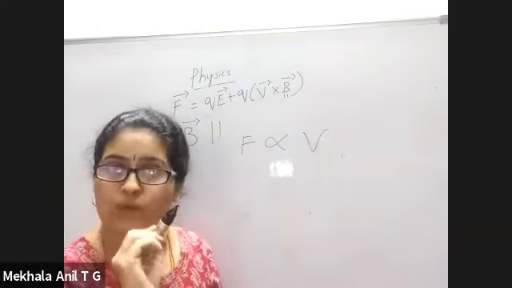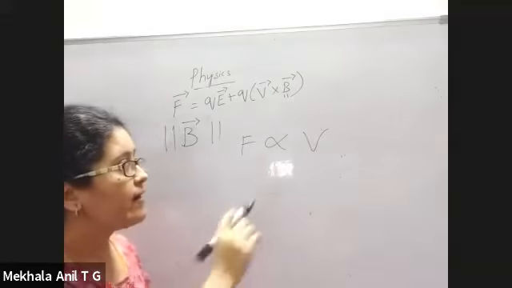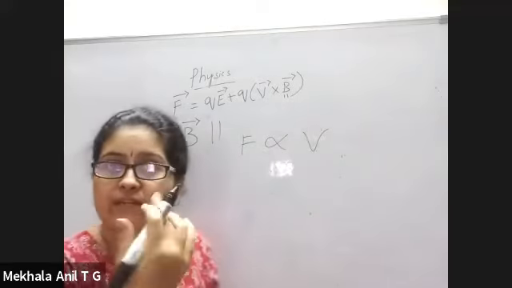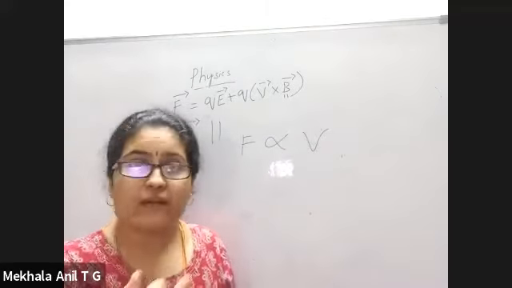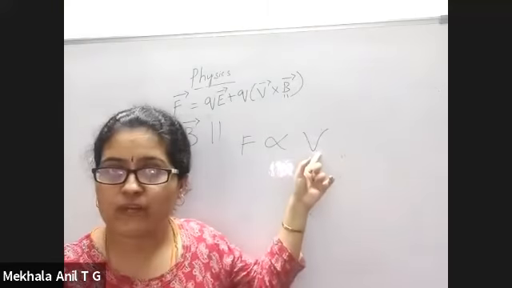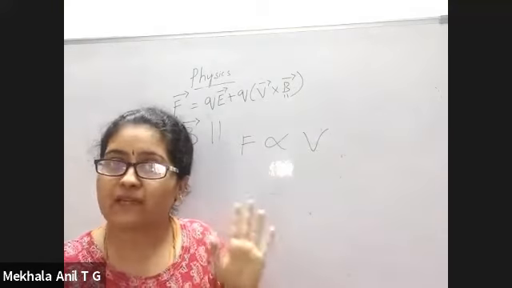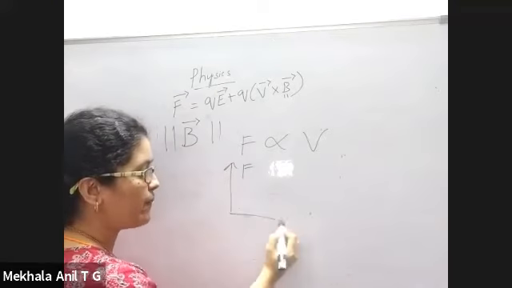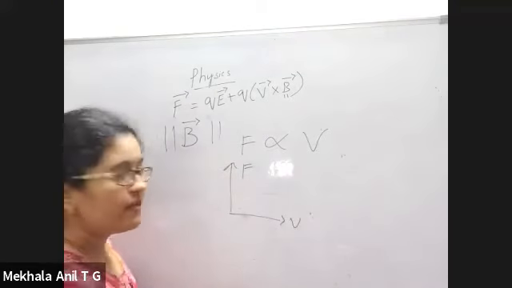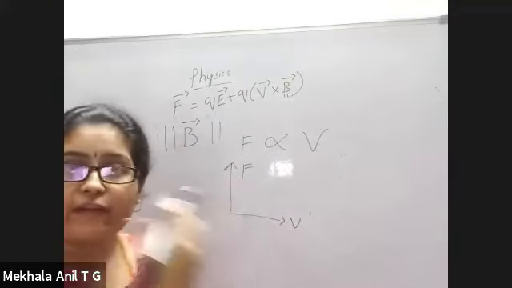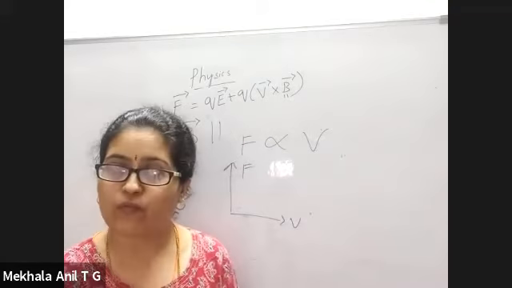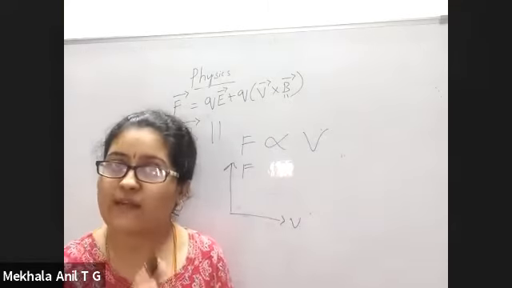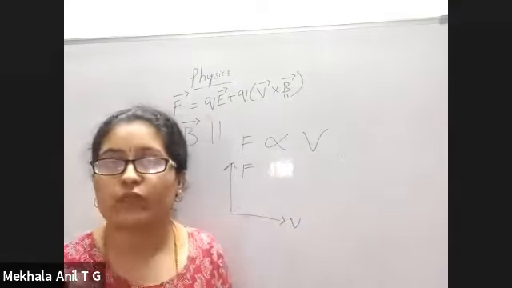And here, one more thing you should note down: this force can never change the magnitude of velocity, because this F is always perpendicular to V. It can only alter the direction of the velocity.